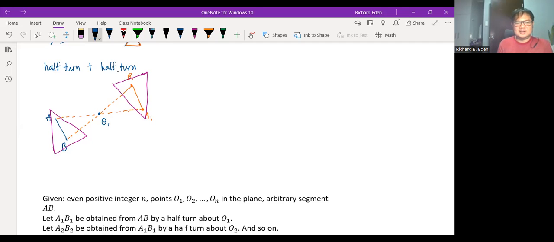So let's say here is where we have O2. Red naman kunwari. So A1, ang image niya would be here. Okay, let's call it A2. And as for B1's image, let's call that B2.